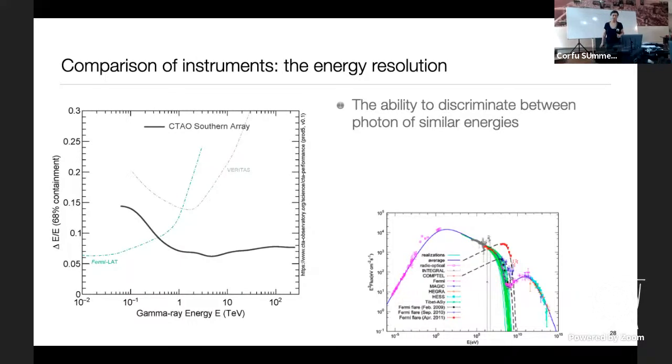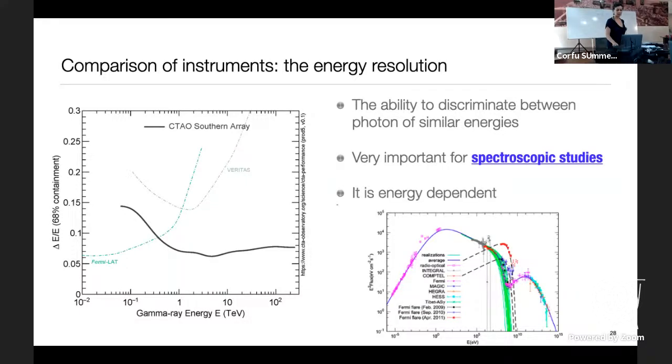And it's extremely important, for example, when you do spectroscopy, to have a good energy resolution, and this is relevant in the low energy band. Of course, it might be energy dependent. You see the energy resolution, for example, of this ground-based experiment, CTA. It is not very good at low energies, but then it improves going up to high energies.